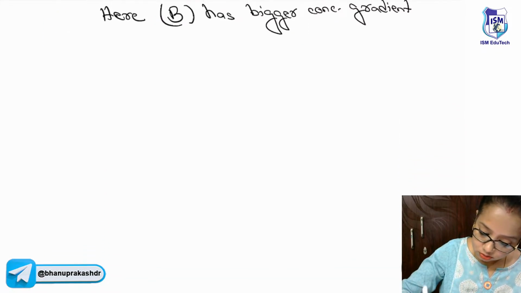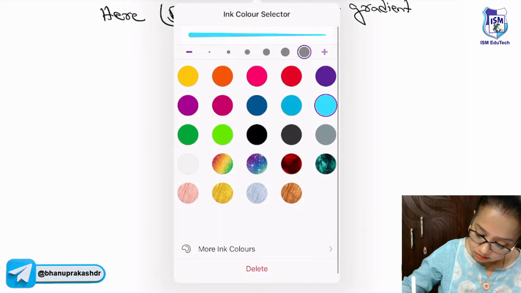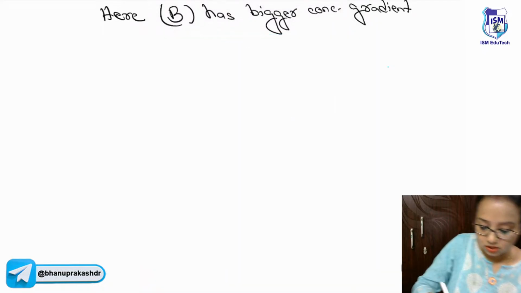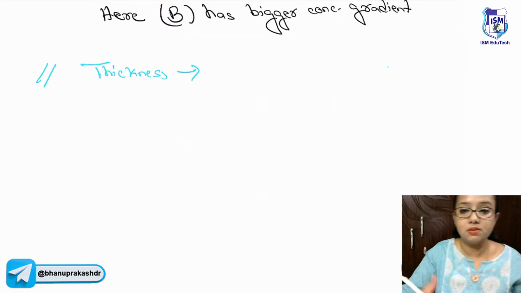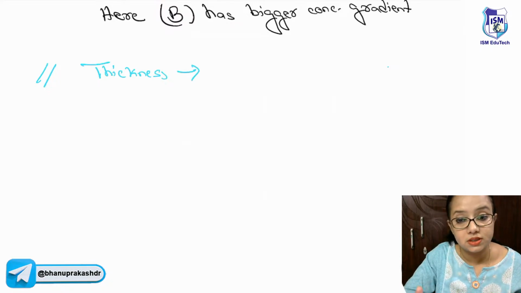Coming to the third factor of the formula, that is the thickness. Earlier, what did we see with the first two parameters?